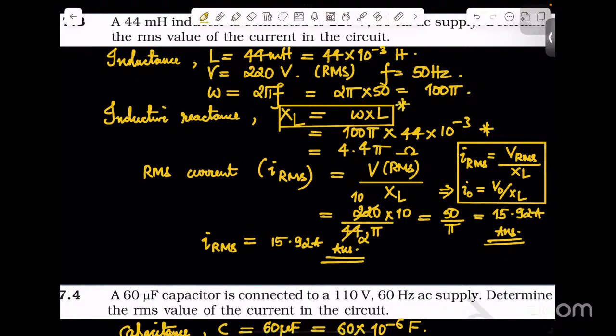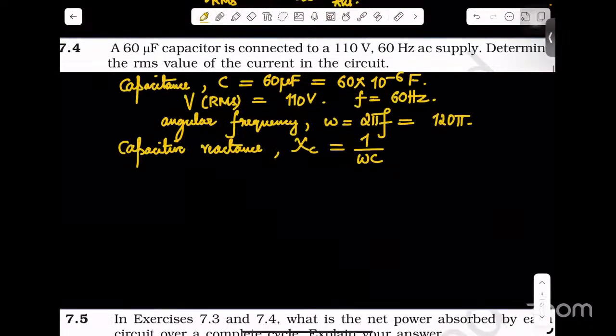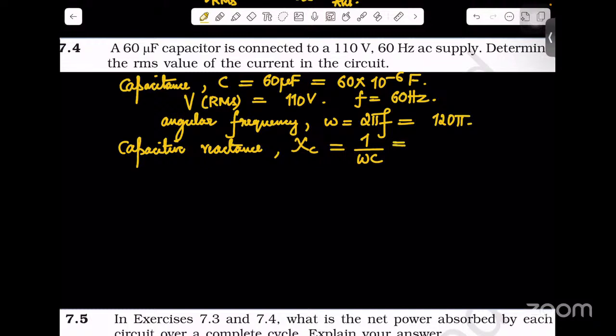Inductive reactance is omega times L and capacitive reactance is 1 upon omega C, which is 1 upon 120 pi times 60 into 10 raised to minus 6, which is 10 raised to the power 4 upon 6 into 12 pi ohms. This is the capacitive reactance.